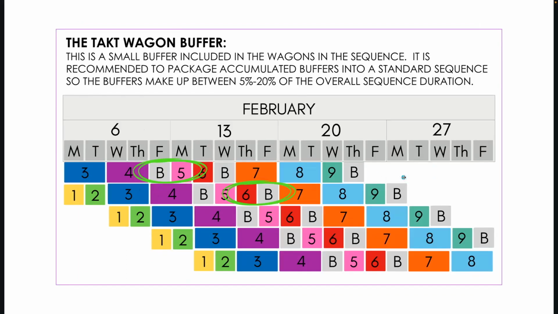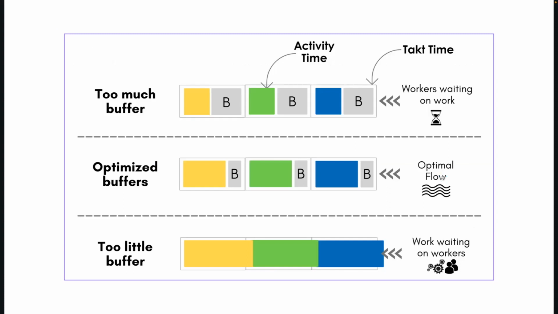The other one is the takt wagon buffer. Now, I do want to be clear here. This buffer will be separate from the buffers that you're going to be using for your risks. Inside the sequence itself, you are going to want 5 to 20% of the overall sequence duration. You will want to have 5 to 20% buffers packaged within the sequence itself. And here is my point with that. When you are packaging buffers within the actual sequence itself, you don't want too much buffer because then you have workers waiting on work, right?